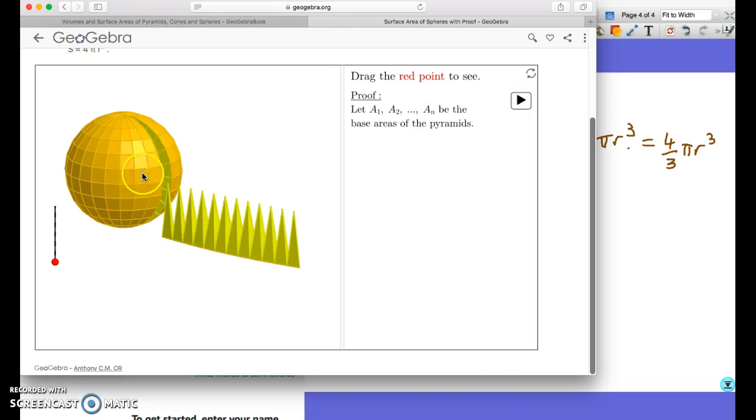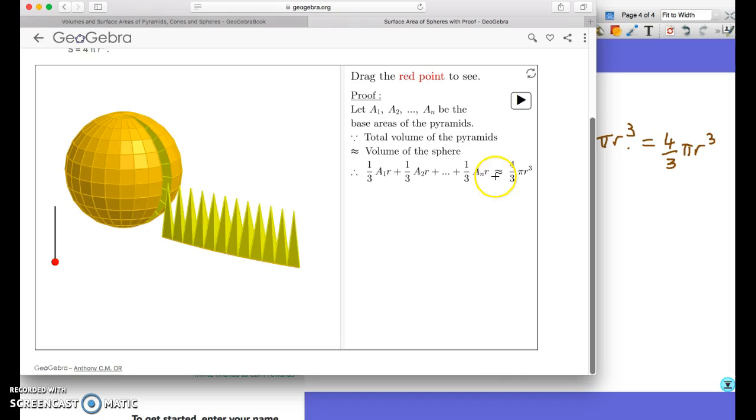All of them are going to have slightly different base areas, and if we let the A's represent those base areas, we're dealing with the same formula, 1/3 base area times height. The total volume of the pyramids will be the volume of the sphere.